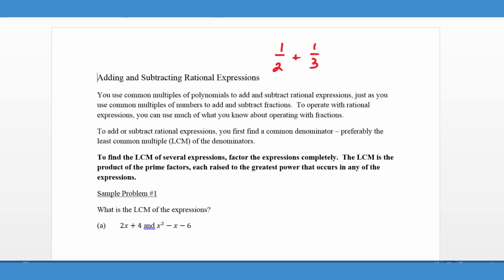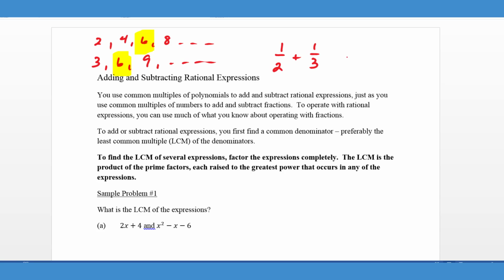Really what's going on from a least common multiple standpoint is if you just start doing multiples of each one of these, you got 2, 4, 6, 8, and on and on. And then you have 3, 6, 9, and on and on. You can see that the least common multiple between these two is 6.